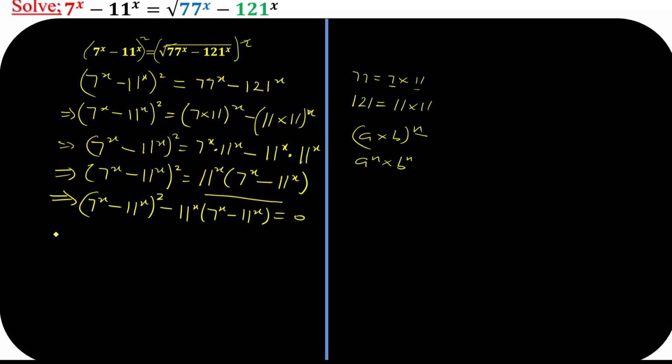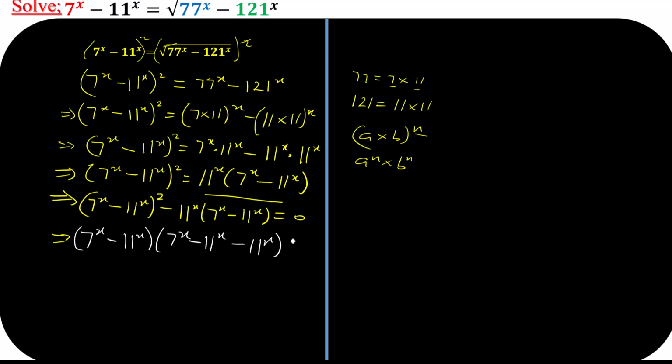All right, so we have 7 exponent x minus 11 exponent x out, and we left it 1. So 7 exponent x minus 11 exponent x, minus 11 exponent x. Now let's go back and see. This one times this will give us the square, and this one times this will give you minus 11 exponent x times that.